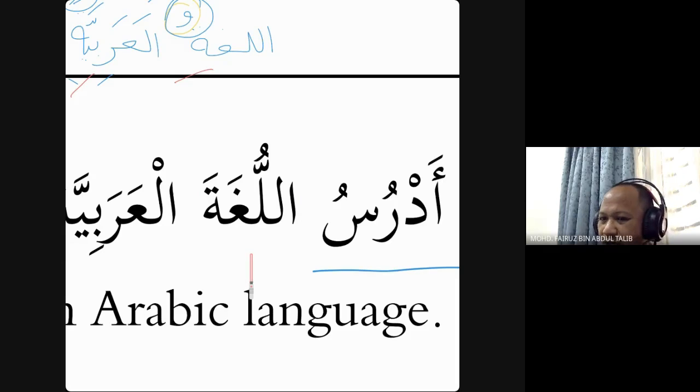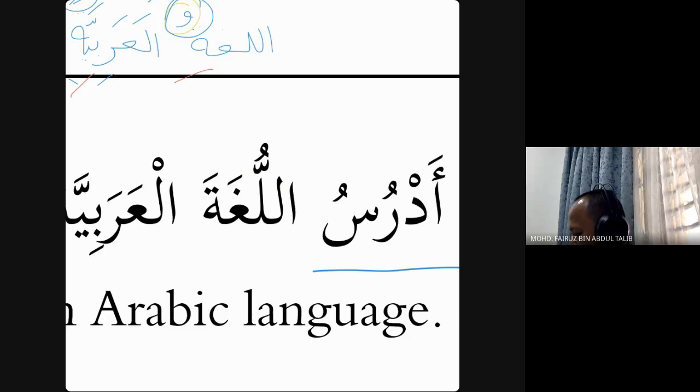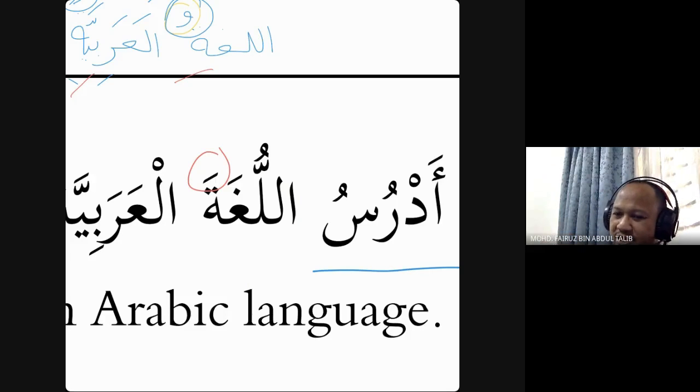Whenever a word becomes an object in a sentence, the word will be in a specific state, a specific hukum. The state is called mansub, and because of that state, it has to have this symbol. That is why you see al-lughat. I cannot explain in detail because this is a class on its own.